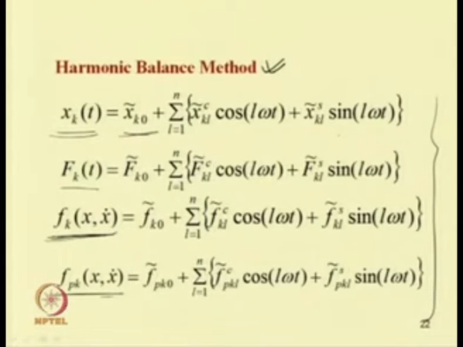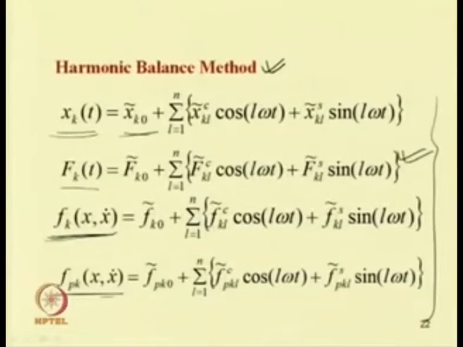So, in addition to this constant term, we can have 3 plus 3, 6 more terms in this expansion. Similarly, for the forcing term we can write f k equal to f k 0 plus, L equal to 1 to n, f k L cos L omega t plus f k L sin L omega t. This is for the generalized force. If we have a generalized periodic force, we can write it in terms of these harmonic forces.